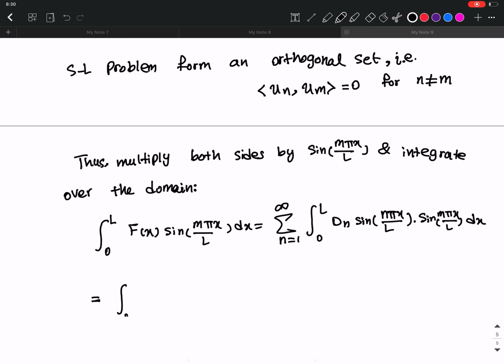So the first term is going to be the integral of 0 to L, d1 sine, n equals 1, right?